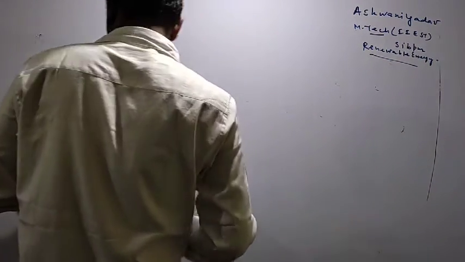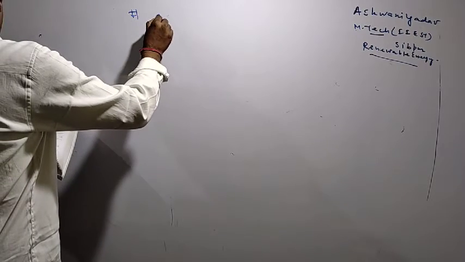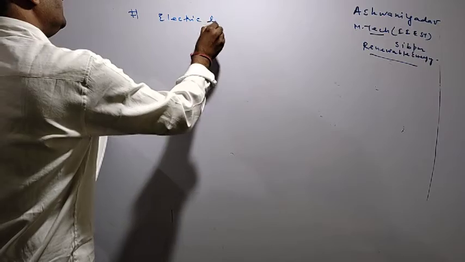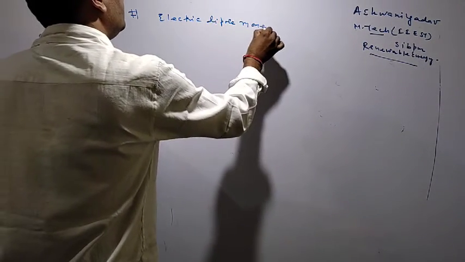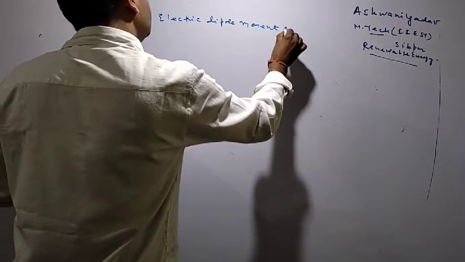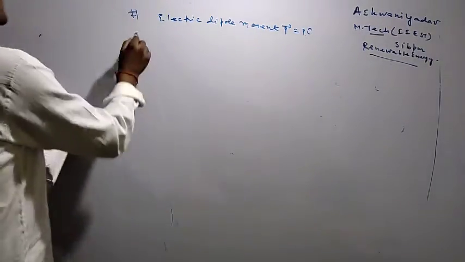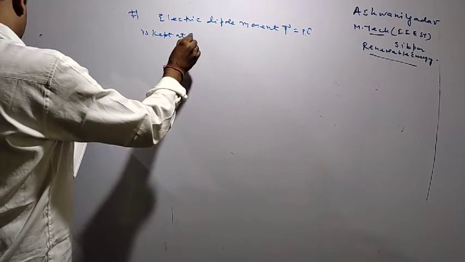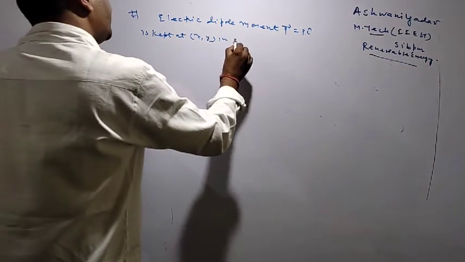I'm going to do one more problem. So we have an electric dipole moment, vector p is p i in the x direction, kept at xy coordinate in an electric field.